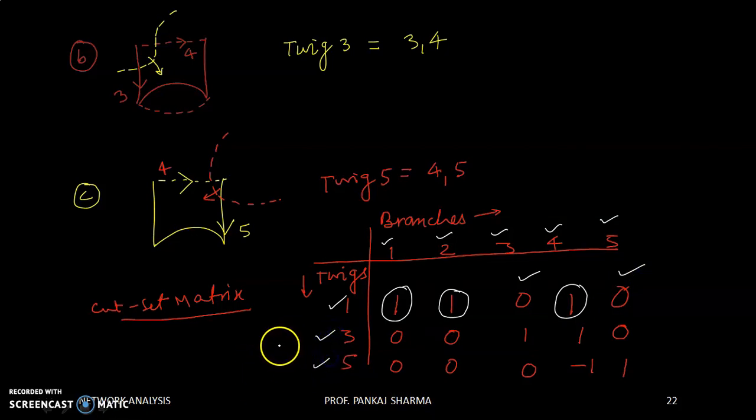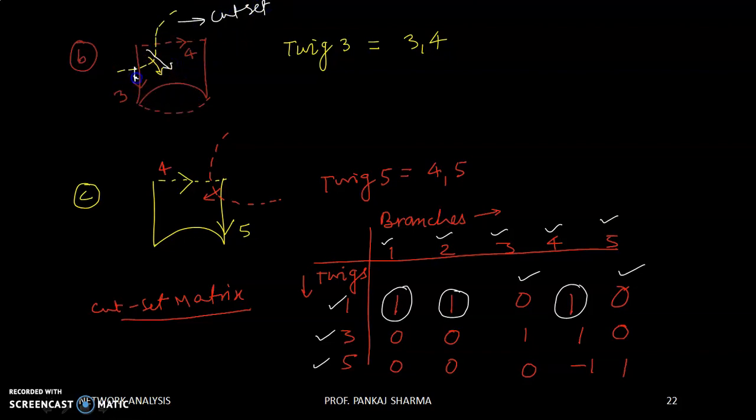Let us understand the cut set corresponding to twig number 3. This is twig 3, and I have put a cut set. This is your cut set, whose orientation is like this.